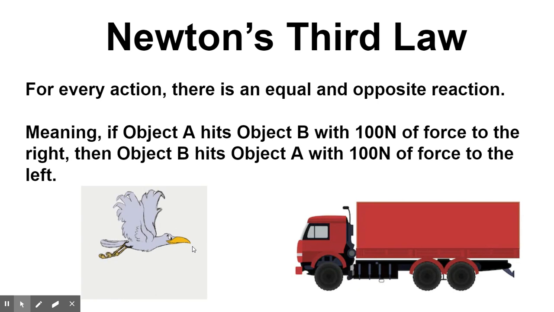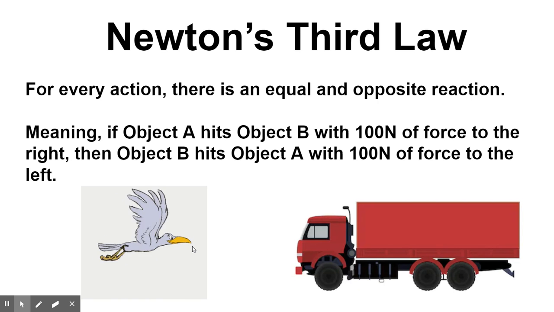Now, the difference, of course, is going to be in the result. So the bird may crack the windshield, may break the windshield, but it's not going to stop the truck. And the bird, when it hits the truck, of course, is not going to survive that interaction. Even though the result is different, it doesn't mean that the force was more.